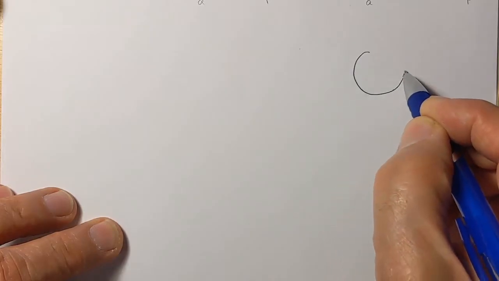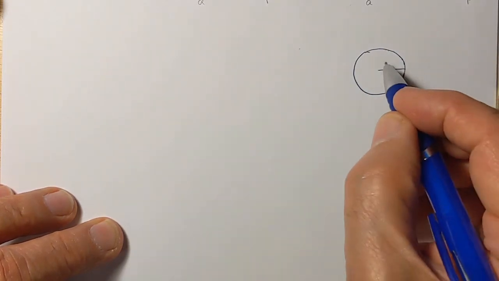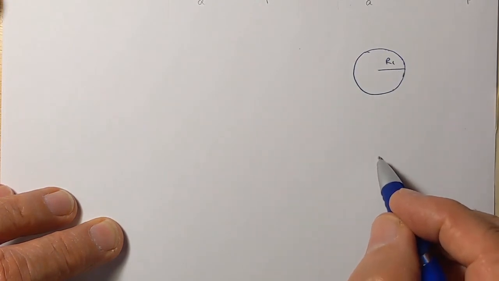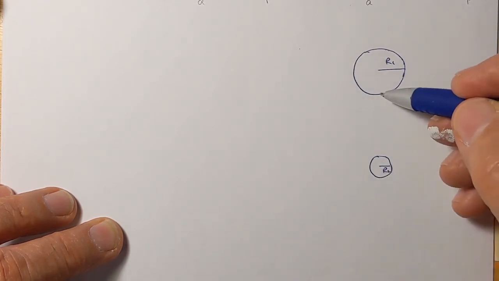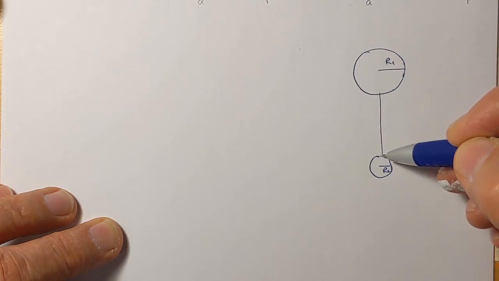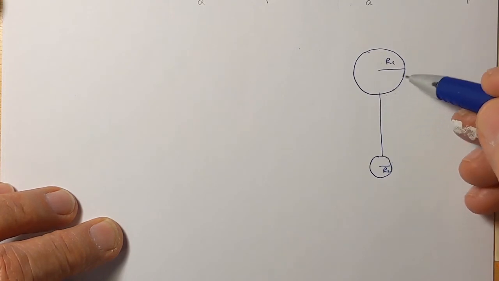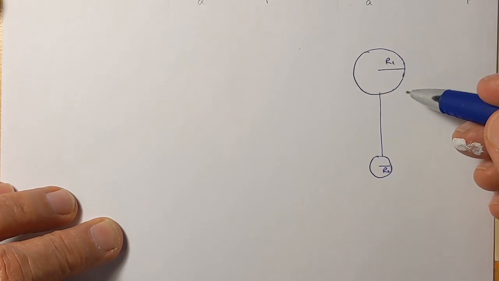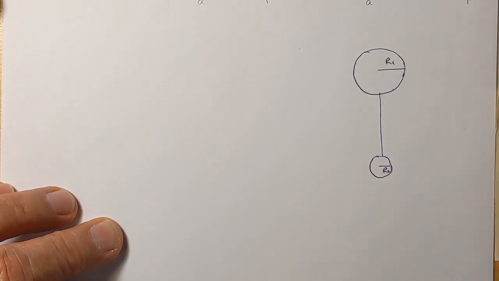If you have a sphere of a larger radius, let's say r1, and another sphere somewhat far away from it of a smaller radius r2, and we charge this and we charge this and we connect them with a wire, then the whole thing becomes essentially one object, and so the potential will be the same over it.